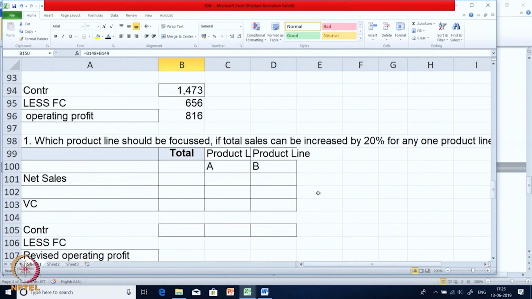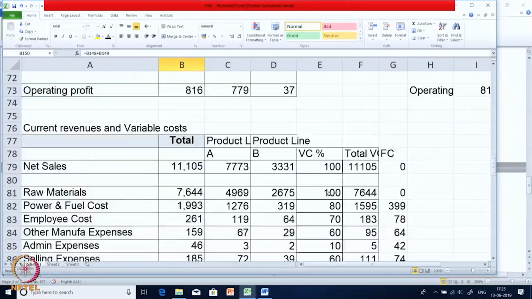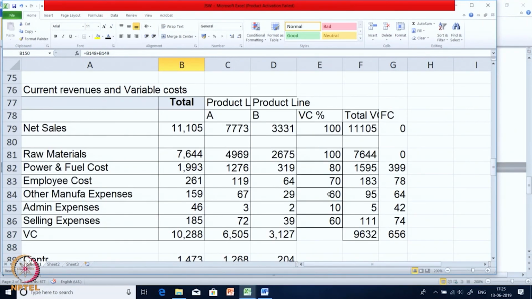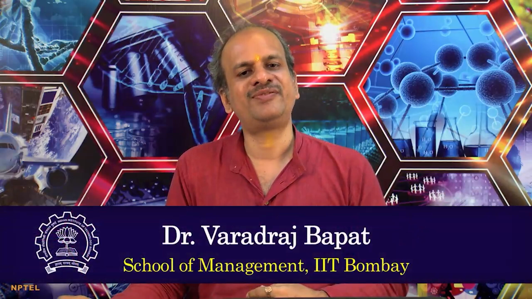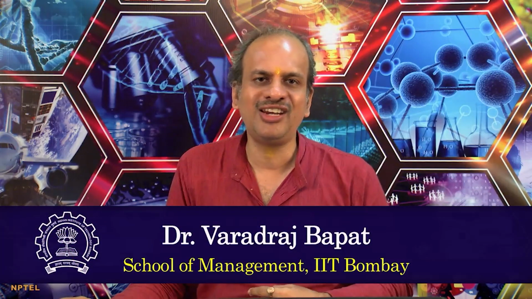So in this case, which is a little detailed case, we have seen how from the total you can break down the portion related to A and B, how to apply it separately for VC and FC, and then a decision making scenario. One with a total change of sales, the other with a limiting factor where labor is the limiting factor. I hope this would have been a good learning for you.